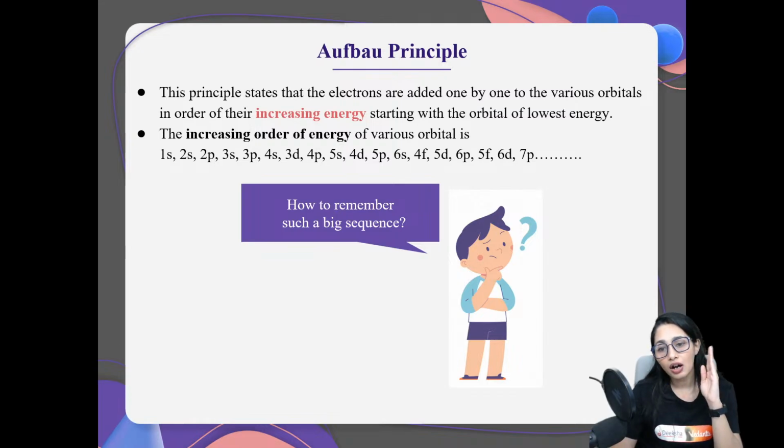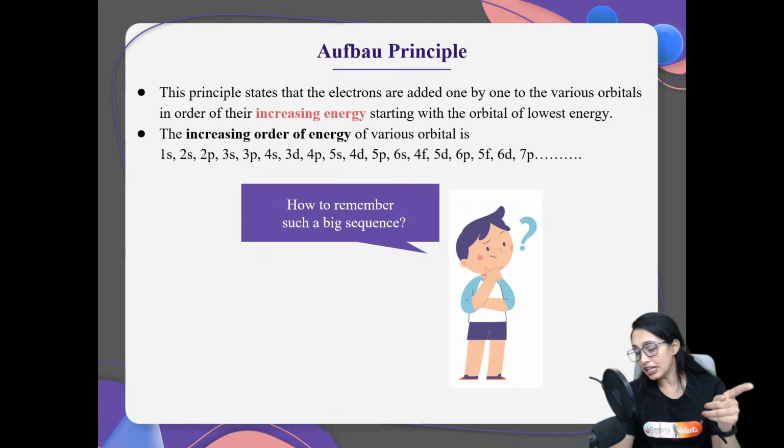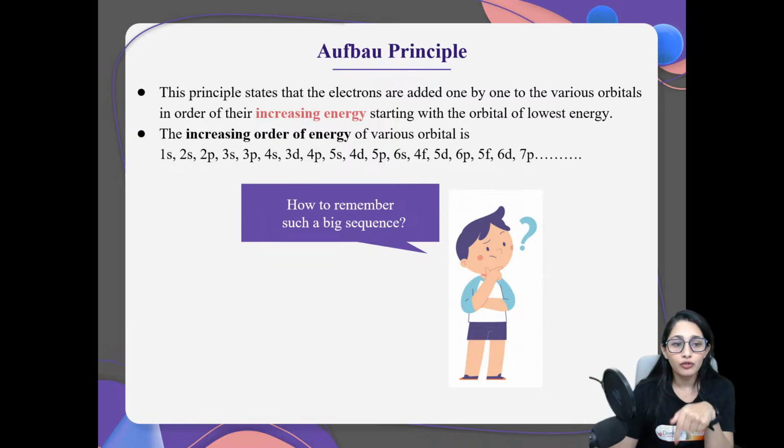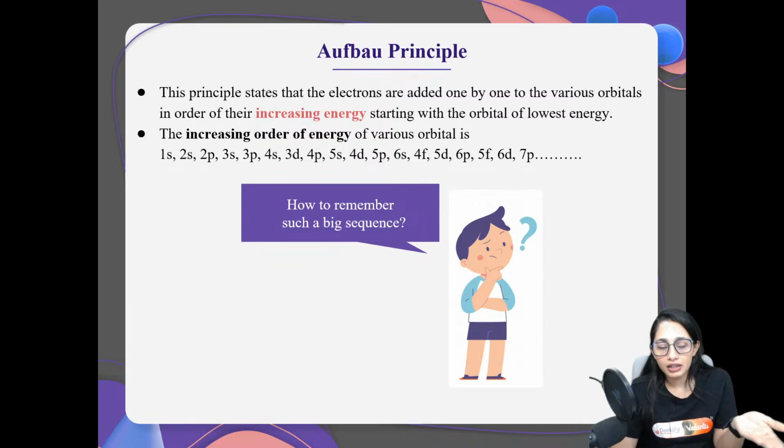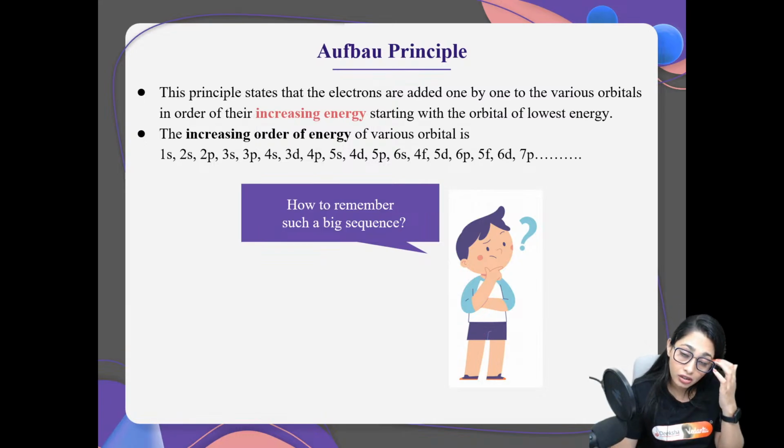Until and unless the orbital of lower energy is filled up, the electrons cannot be filled into the next orbital. Okay, so it depends on the energy. The lower energy orbital should be filled first in order for higher energy orbitals to be filled. The increasing order of energy of various orbitals is 1s, 2s, 2p, 3s.